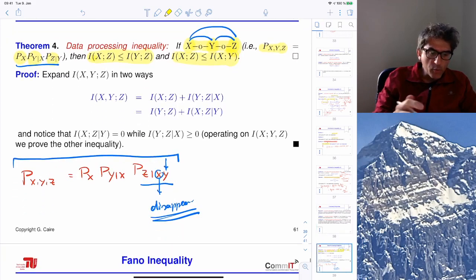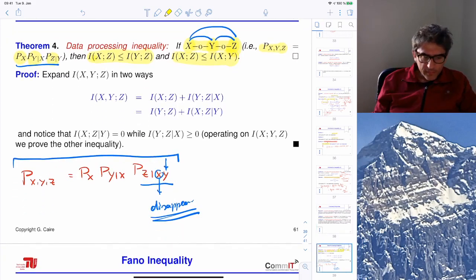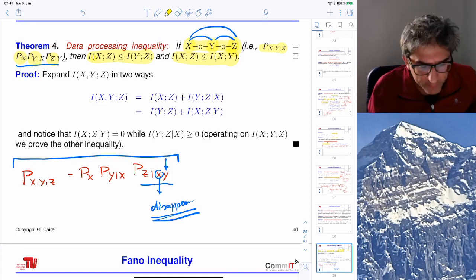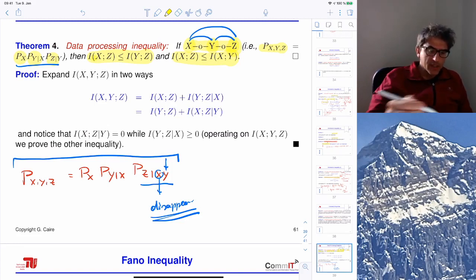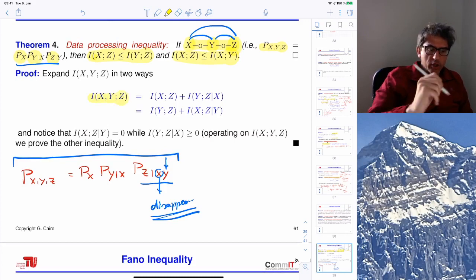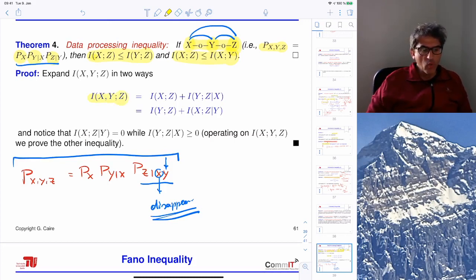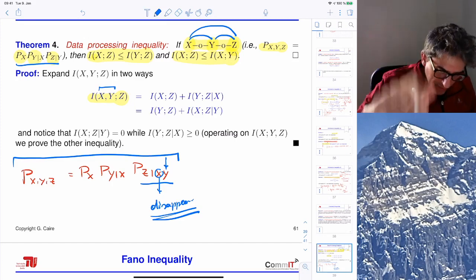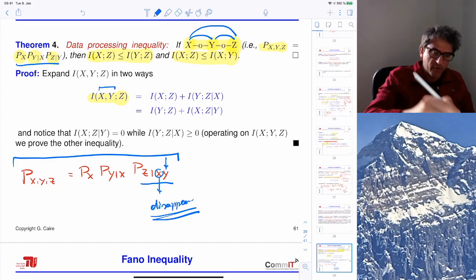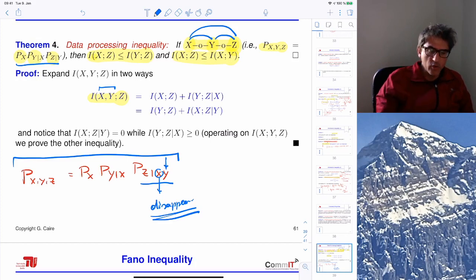And this is very easy to prove. It's just an application of the chain rule. What you can do is expand the mutual information of (X, Y) and Z using the chain rule.